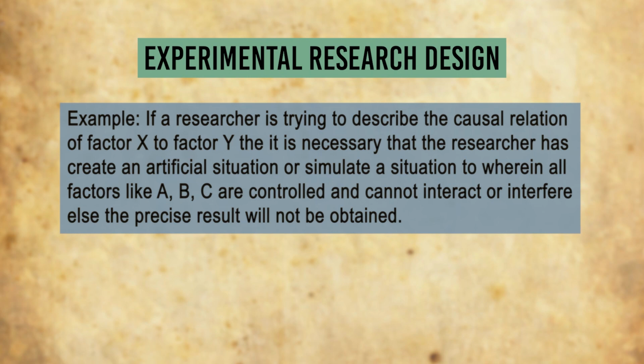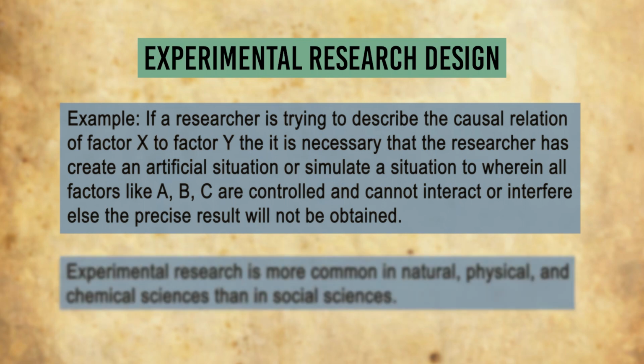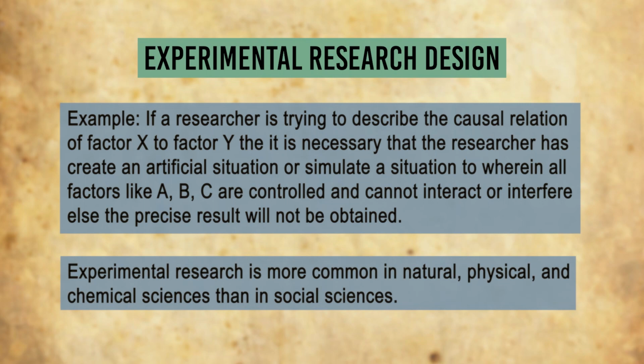Whereas X and Y are the factors which are there in the experimental situation or in the artificial or simulated situation where one is trying to understand the differences that are coming between these variables. Experimental research is more common in natural, physical and chemical sciences than in social sciences.